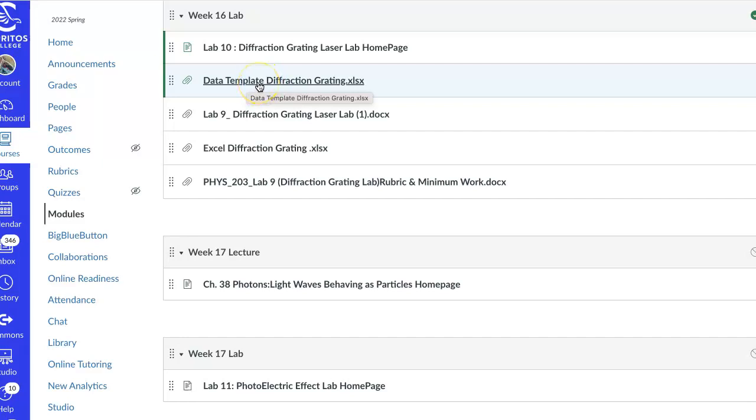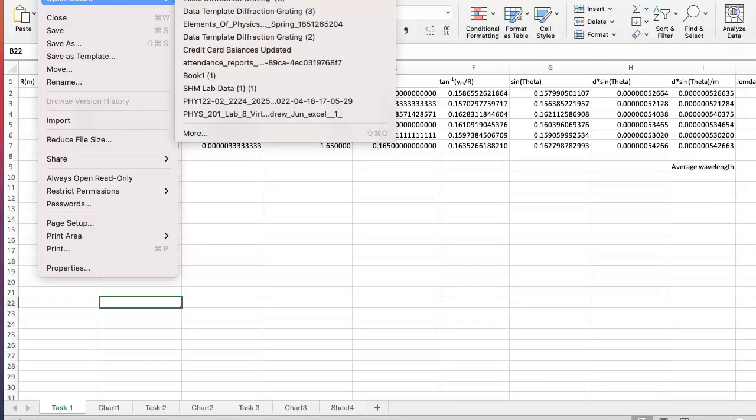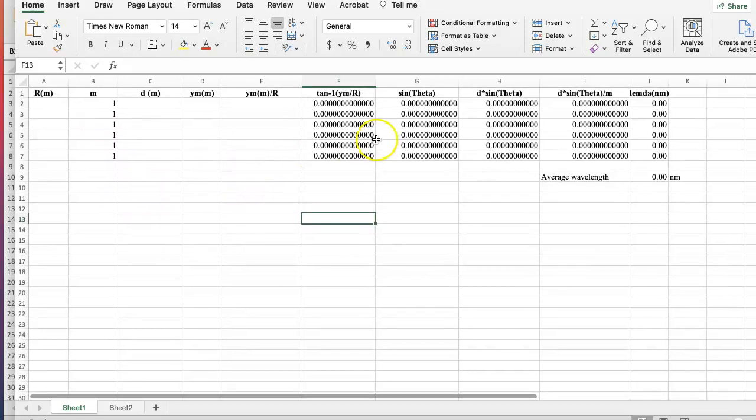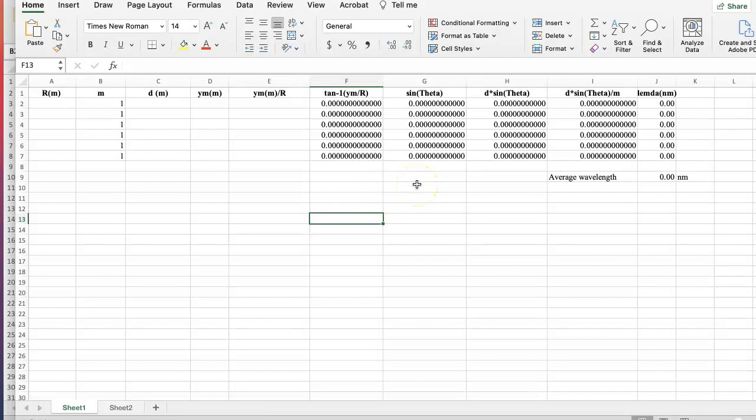This is the template, where I have embedded all the equations that I'm going to use, so you will be able to just enter your numbers, and then you are going to be okay.